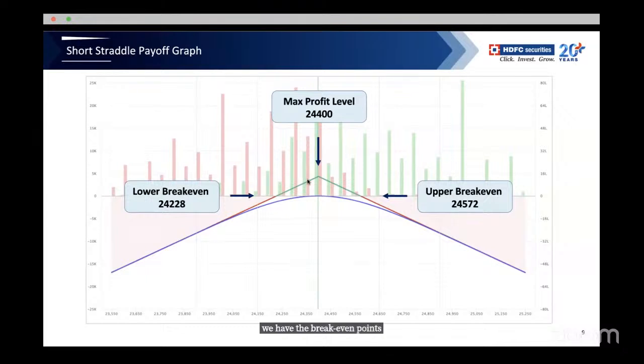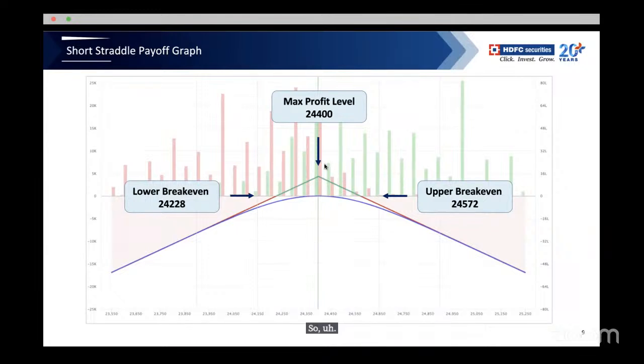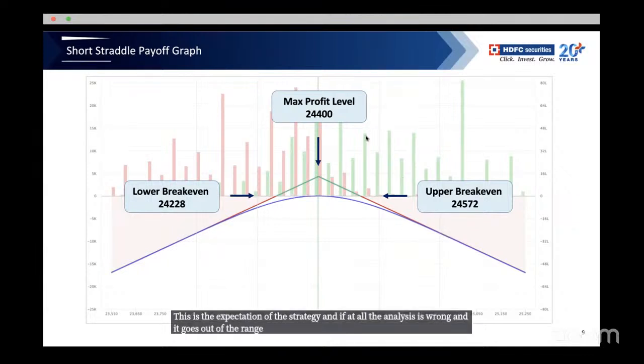If it remains between 24,228 and 24,572, we will make a profit, right? This is the expectation of this strategy. And if the analysis is wrong and it goes out of the range on either side, then there is a potential of unlimited loss. So that's how the short straddle works.